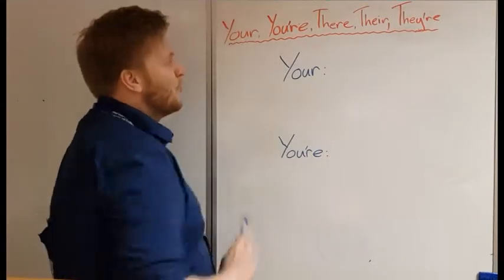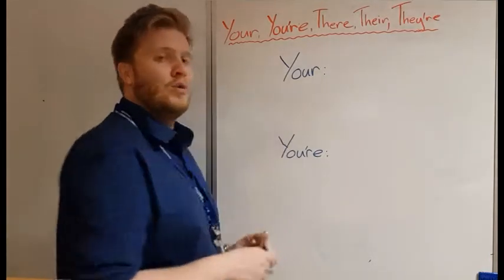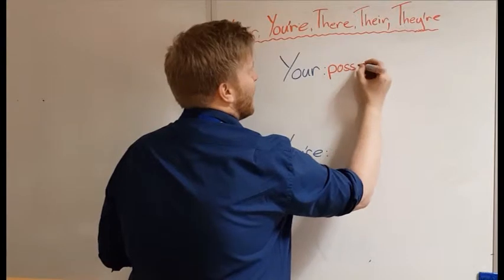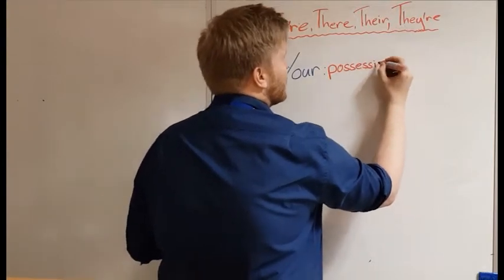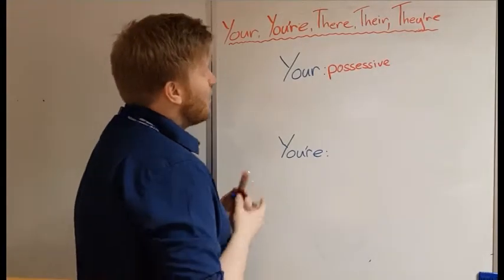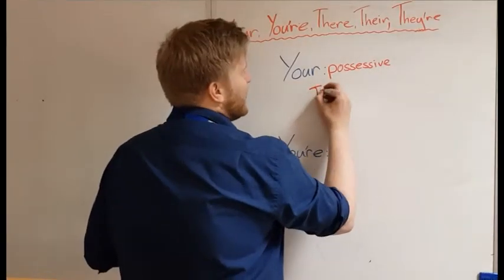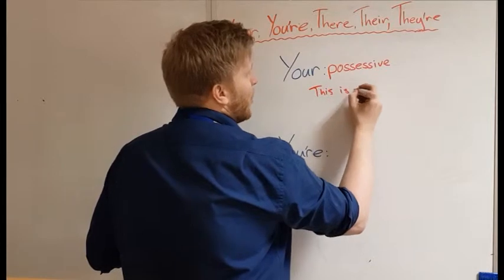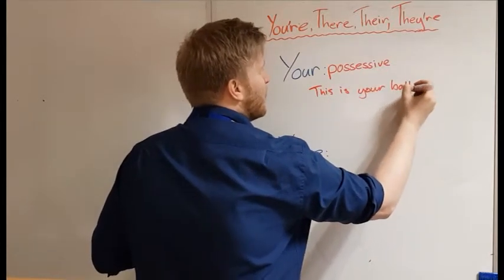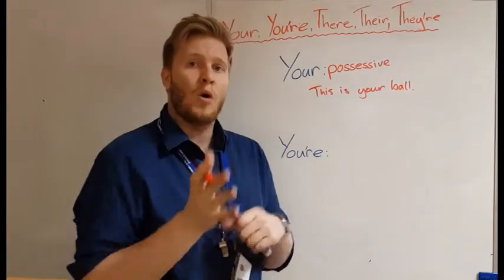So the first your that we have, which is just Y-O-U-R, is possessive, okay? And what I mean by that is when we use it, we're saying that something belongs to someone. Something that we might write like, this is your ball. So we're saying that that ball belongs to them.